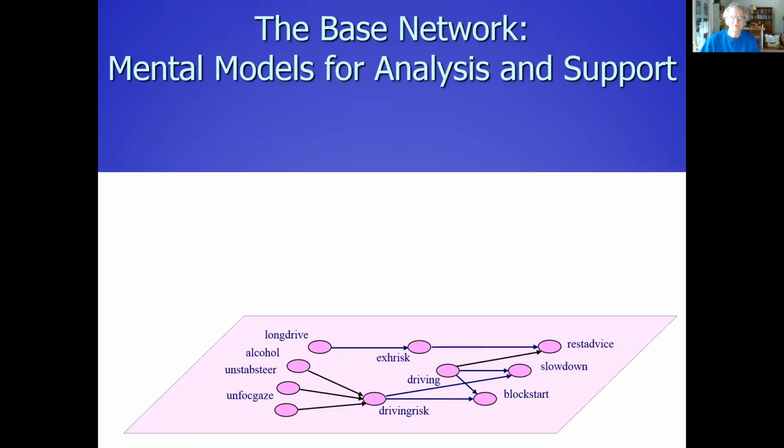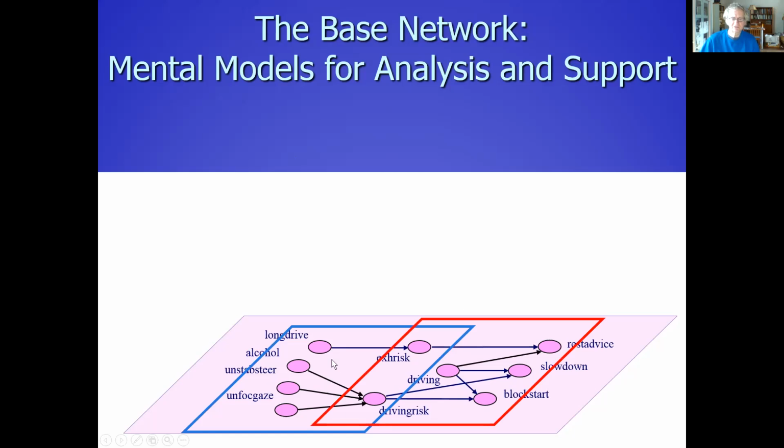Then we show how it works for the example simulation. So this is part of the internal mental model for the whole task, and this is the analysis task, and this is for the support task. You see that a number of factors that are monitored can lead to assessment of exhaustion risk or of driving risk, depending on what happens.